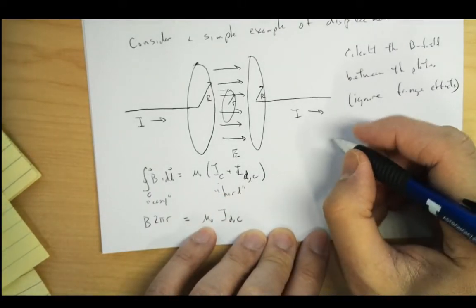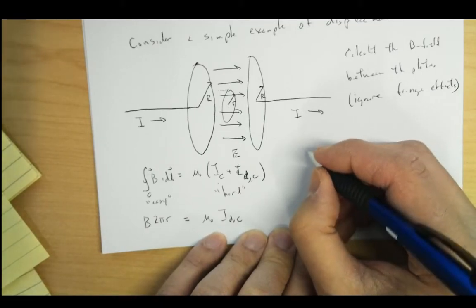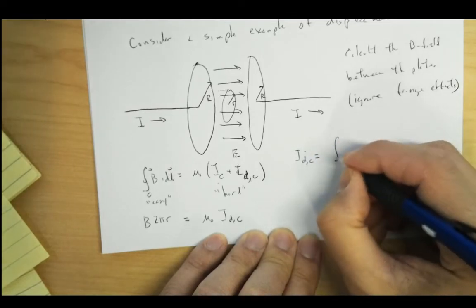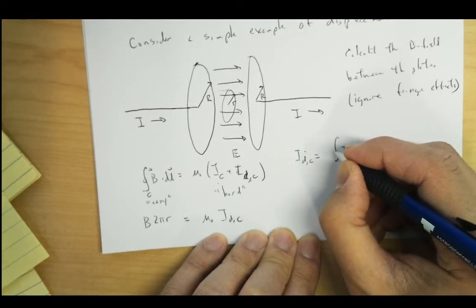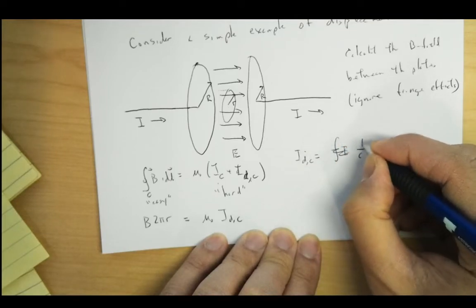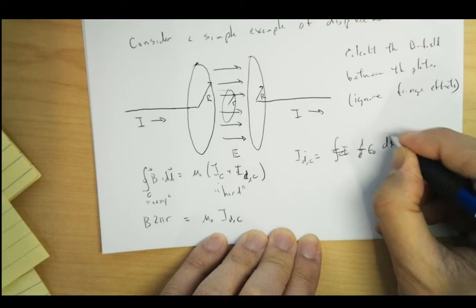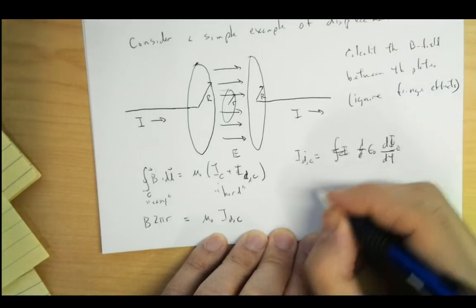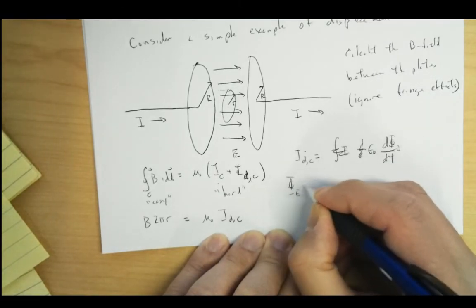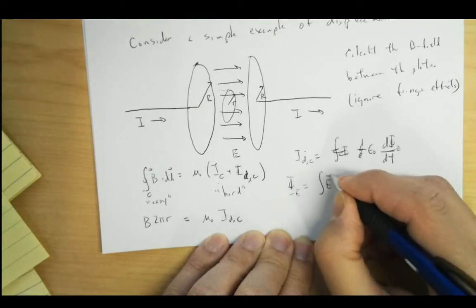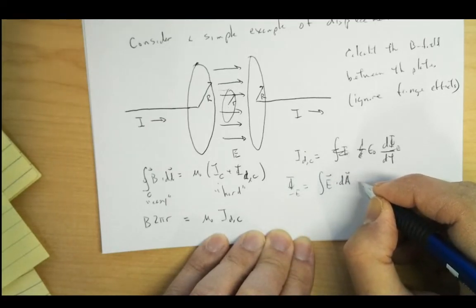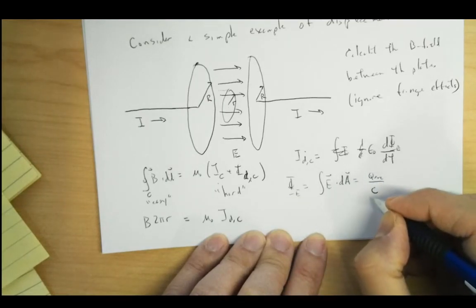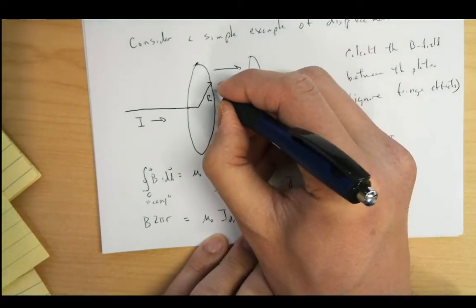I_d,C is equal to epsilon naught d phi_E dt, and phi_E is the integral of E dot dA, which is equal to Q enclosed over epsilon 0.